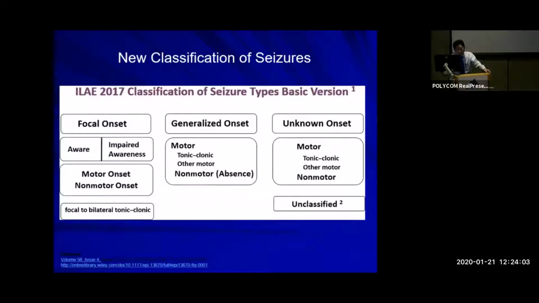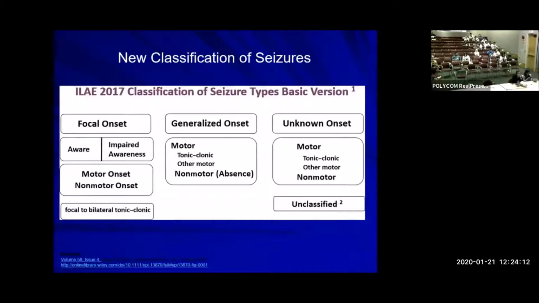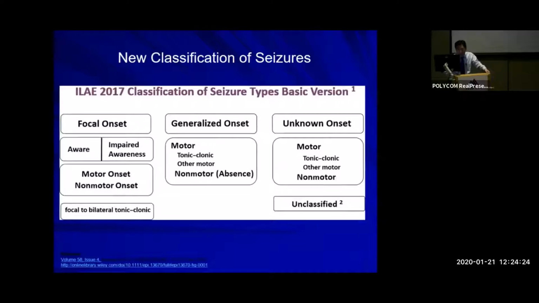So they got rid of the term simple partial, complex partial. In fact, they got rid of the term partial seizures completely because they felt that the term partial was confusing to patients and family members. It sort of implied that it was not a full seizure, but part of a seizure. So they got rid of the term partial and replaced it with focal. And they thought the term complex versus simple was also confusing.